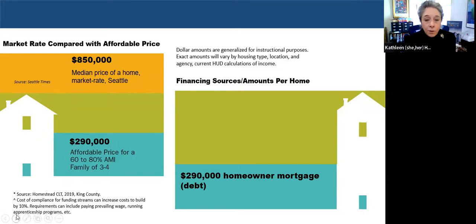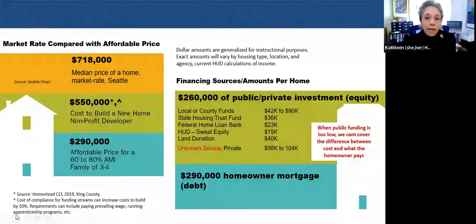So that's their mortgage, right? They get a 30-year fixed rate mortgage, just like everybody does. They can pay that much towards the cost of a home. We can build townhomes for about $550,000.